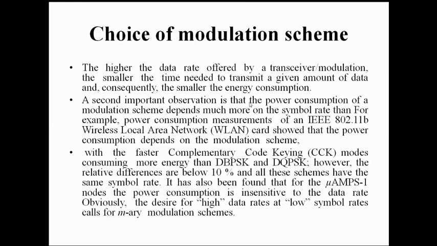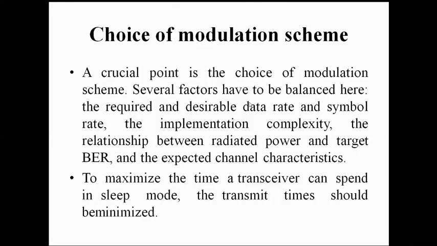Based on these, we can judge or choose which type of modulation is suitable for this kind of application. With respect to the application, the modulation scheme may vary. For all types of application, we can't use the same modulation method, so depending upon the application, we use different modulations. Our ultimate aim is that the transceiver can spend more time in sleep mode.